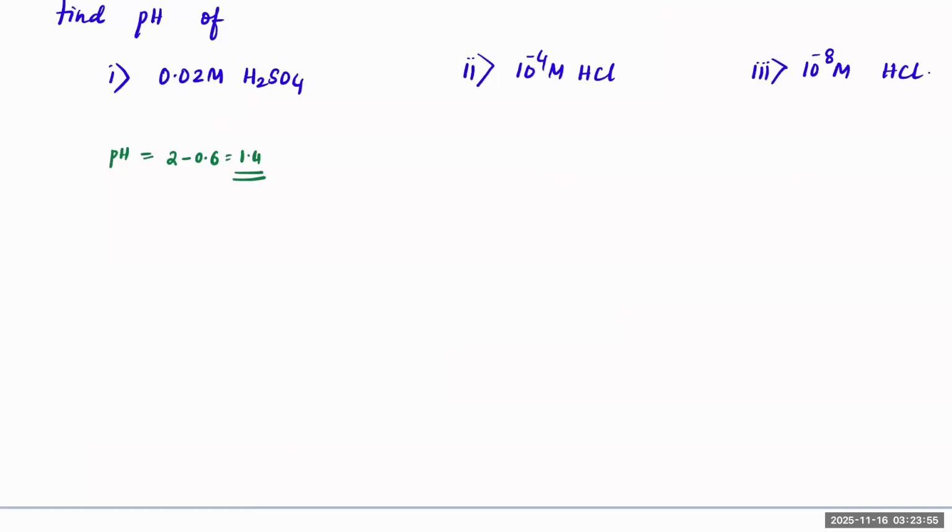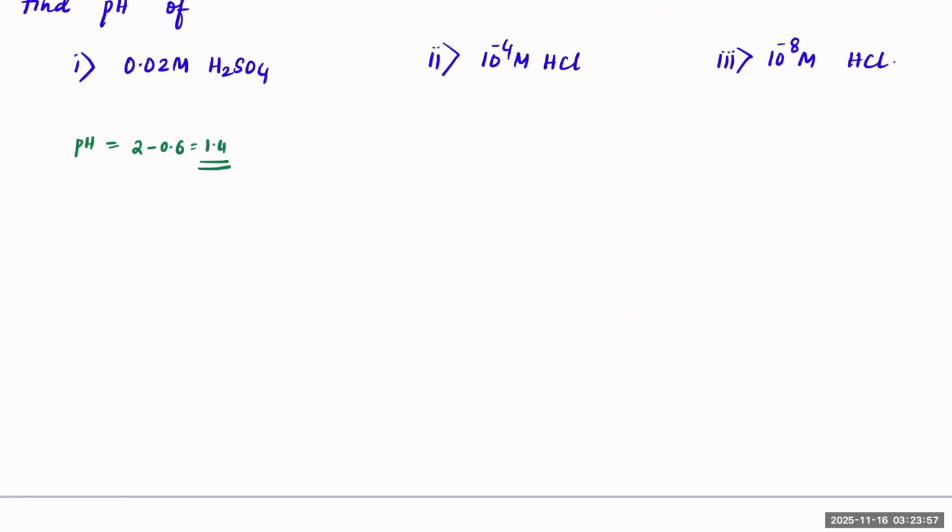Next, check out here. First, 10 raised to power of minus 4 molar. Which means the H plus ion concentration of the HCl is 10 raised to power of minus 4, while the H plus ion concentration from water is 10 raised to power of minus 7. But have you noticed this?